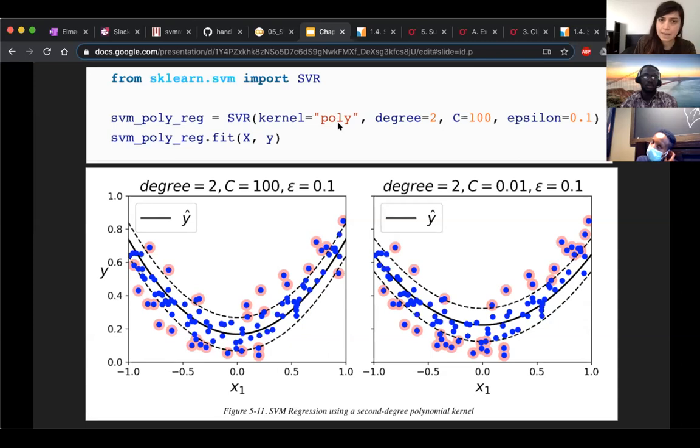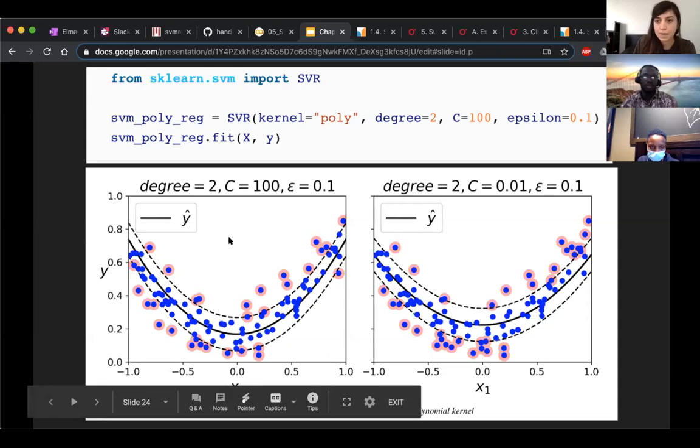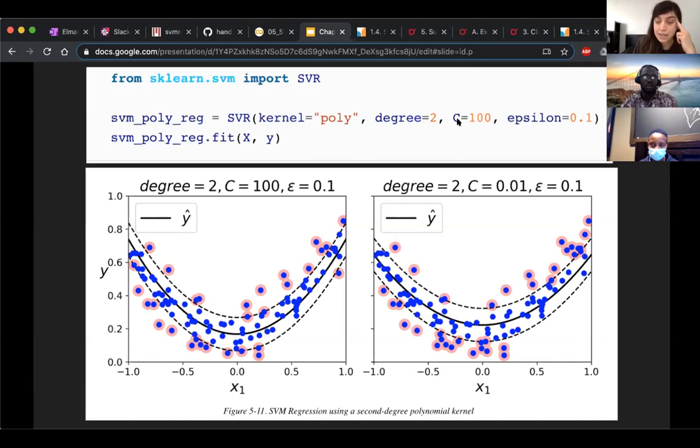Everything is the same as before, but here we're using the poly kernel and degree 2, because we know this is an x squared function. Again we have the same C, a hyperparameter that goes with SVM everywhere, so this is quite rigid compared to the previous ones. We have an epsilon of 0.1, meaning a smaller street. Then we fit that, and these are the results.